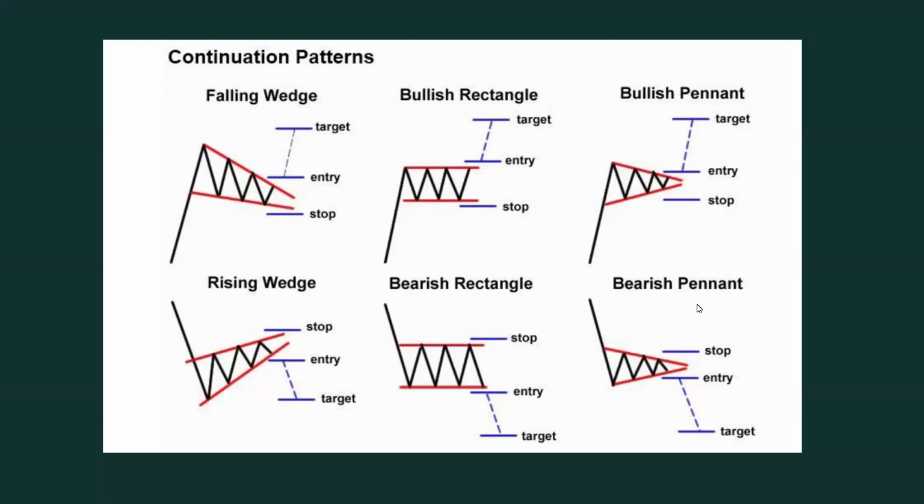These are a few popular continuation patterns that a lot of traders are looking out for. This is the type of pattern that a lot of traders will monitor every single day. If you are a day trader or a long-term trader, this might also be of use to you guys.